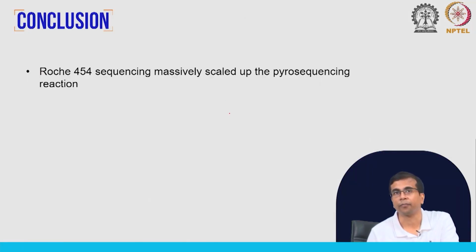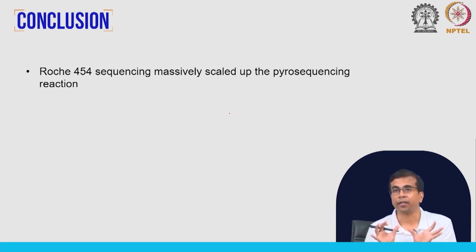To summarize, 454 sequencing massively scaled up the pyrosequencing reaction, as we have just discussed. This scale-up process involved on-bead amplifications. We start with DNA fragments and then do something called emulsion PCR in an oil emulsion.